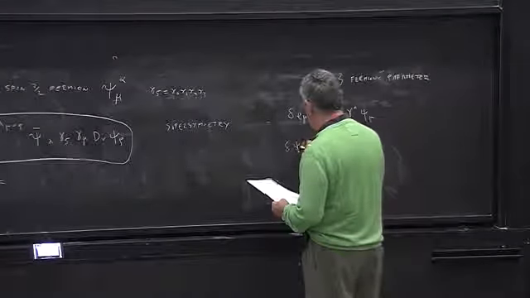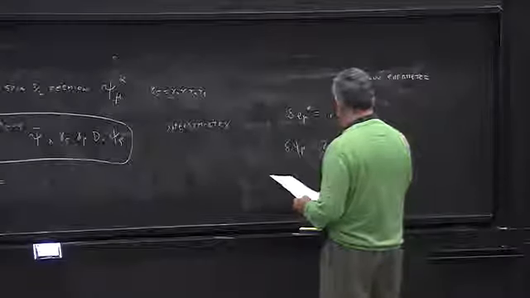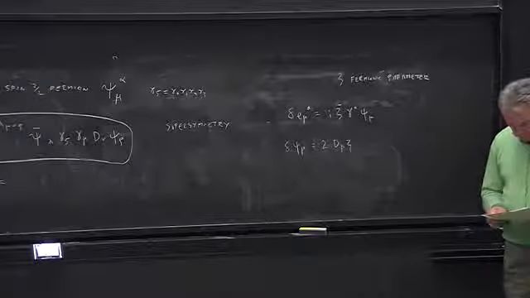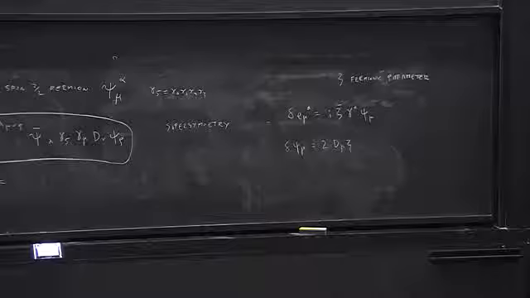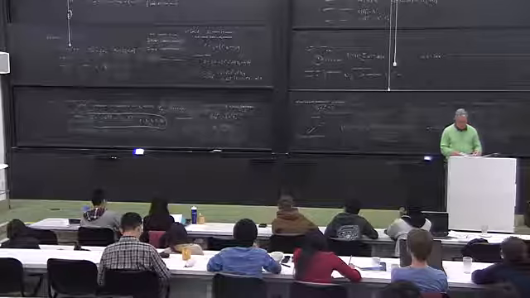And delta psi mu transforms like d mu psi. So there's a theory of gravity that unifies bosons and fermions.